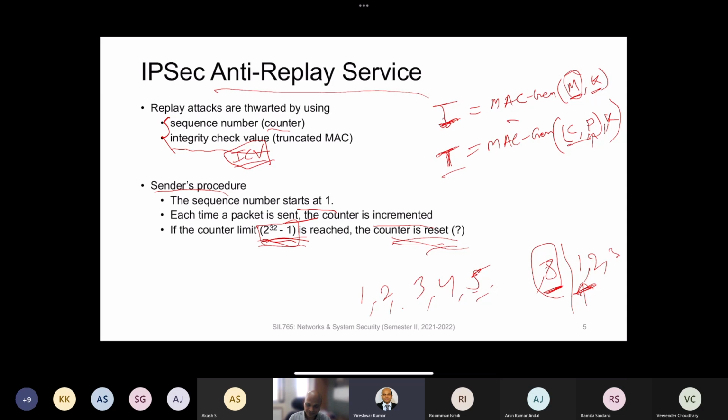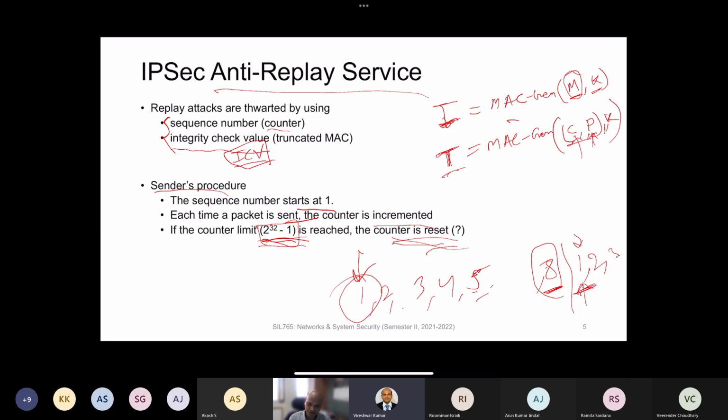Even after a reset, when the counter has gotten back to 1, if the attacker has captured a lot of packets and knew the authentication tag corresponding to the payload transmitted when the sequence number started from here in the previous cycle, then the attacker knows the authentication tag.